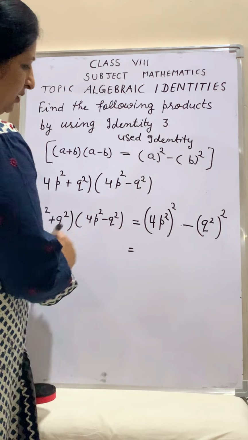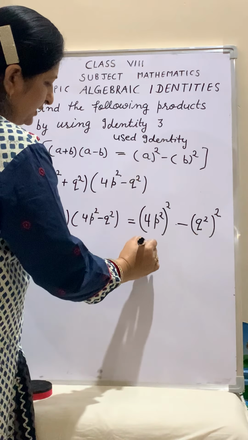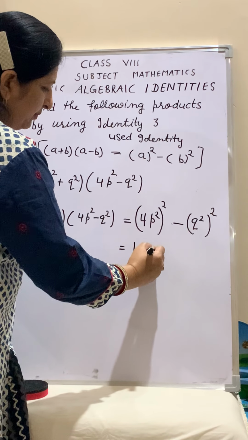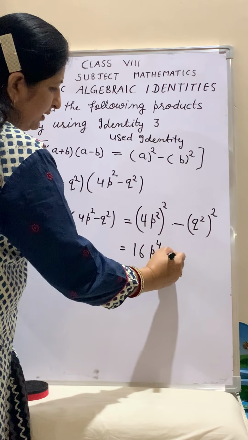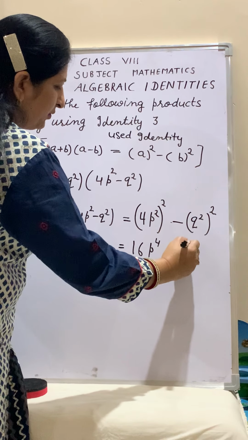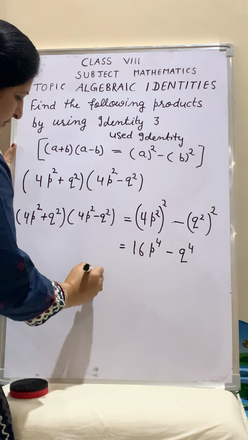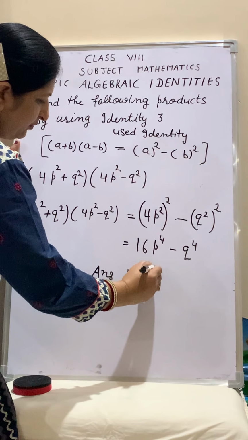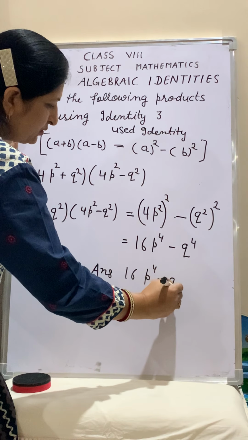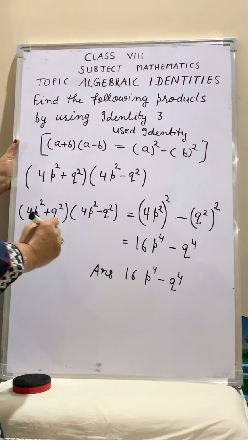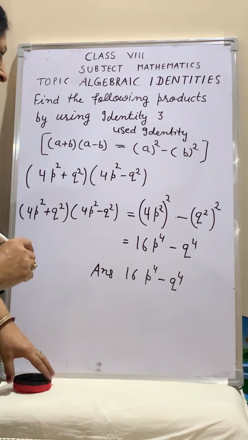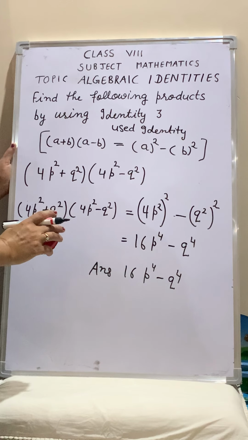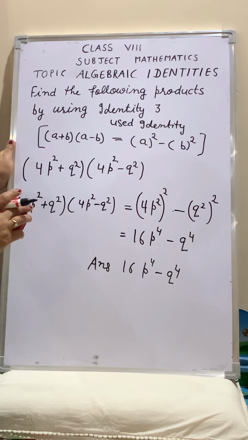Now we will solve. 4 4s are 16, and these powers will be multiplied. p raised to power 4 minus q raised to power 4. It is the answer: 16p raised to power 4 minus q raised to power 4. I hope these two examples will be clear to you.